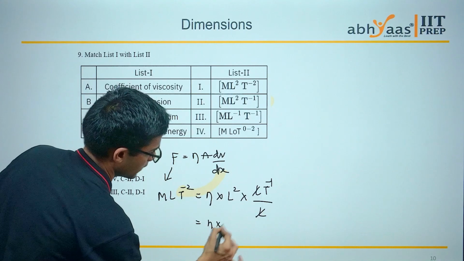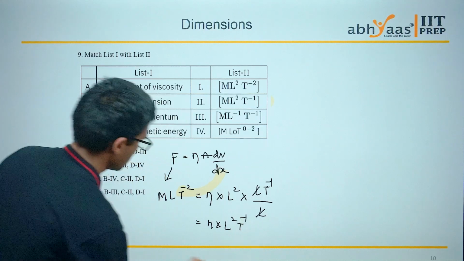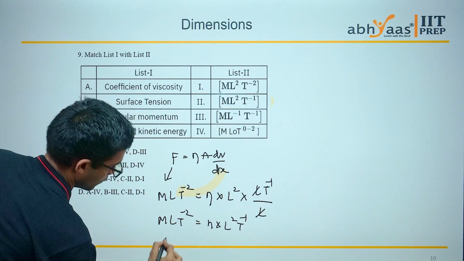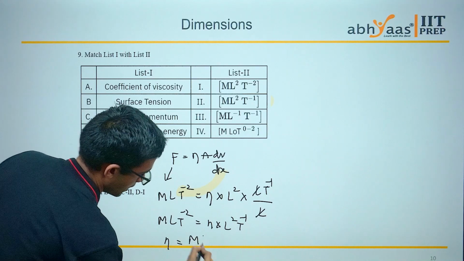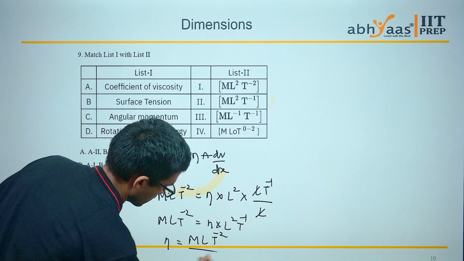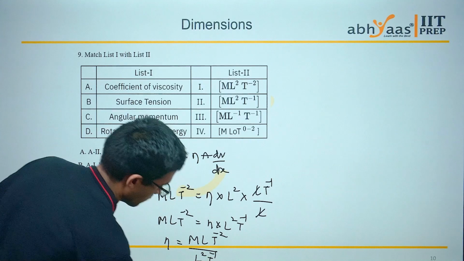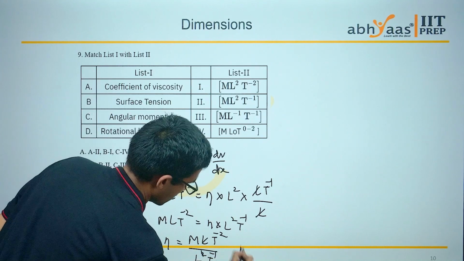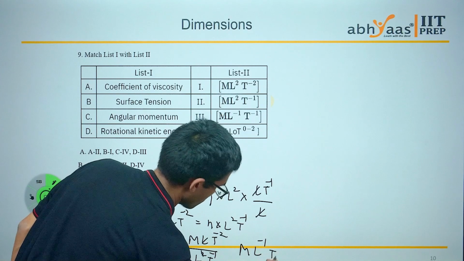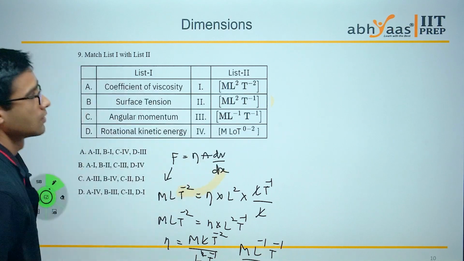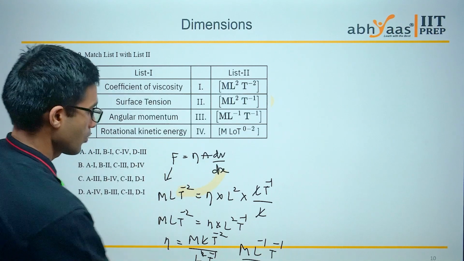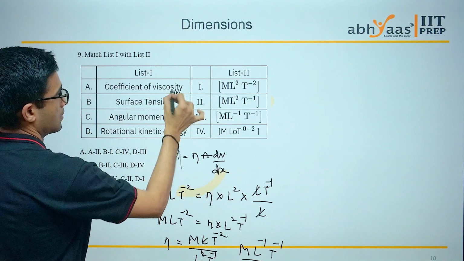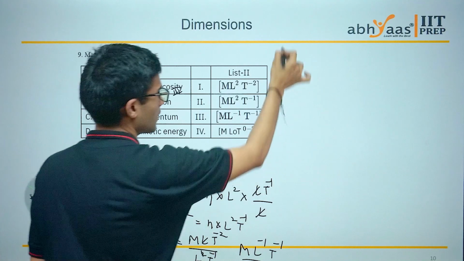Zeta is equal to m L t power minus 2 by L square t power minus 1. One L gets cancelled. What you are getting? m L power minus 1 t power minus 1. Where is it? Third option. For coefficient of viscosity, what is the option? 3.